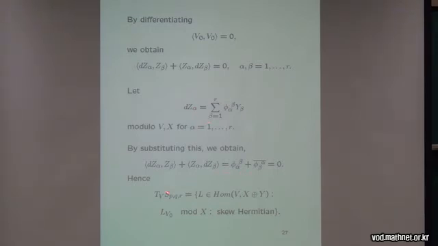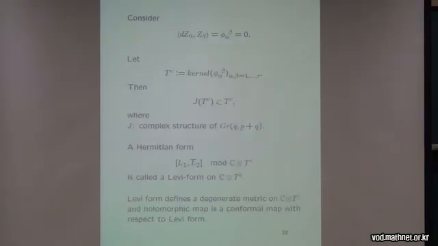That means the tangent space, here only y appears, so the tangent space is nothing but L such that this y part is skew Hermitian. And then take the holomorphic part.